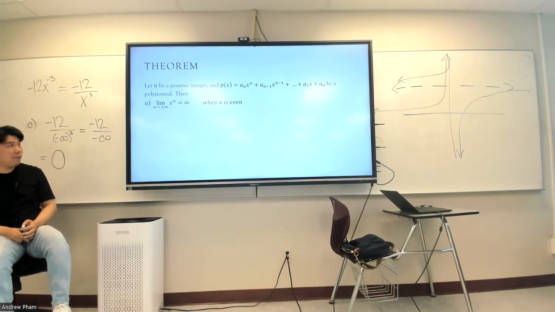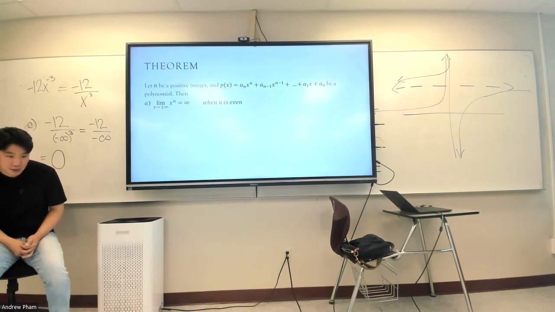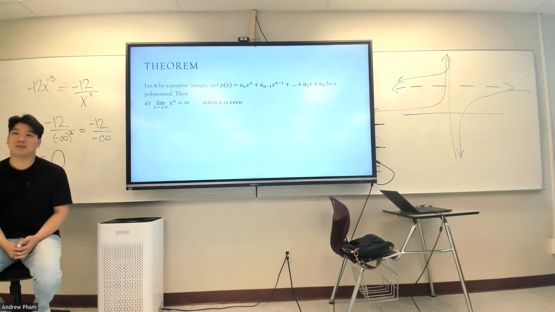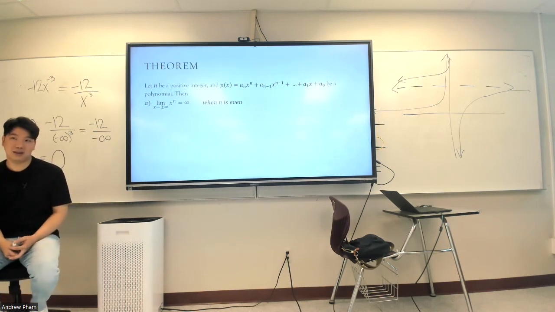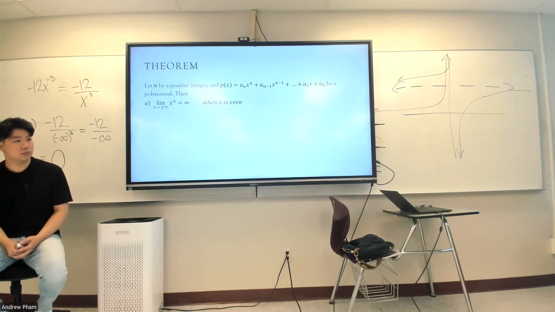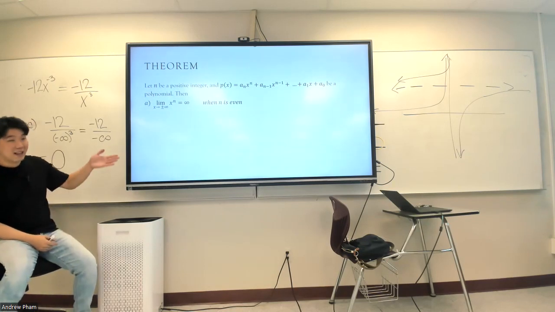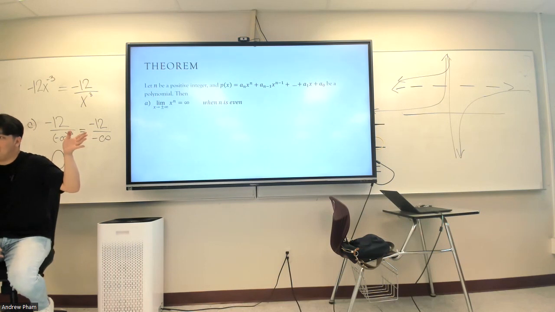What do you think happens whenever we have an odd power? Like if I had x cubed, what do you think happens if I was trying to take that limit? So if I had something like x cubed, we can try to plug in infinity or negative infinity.